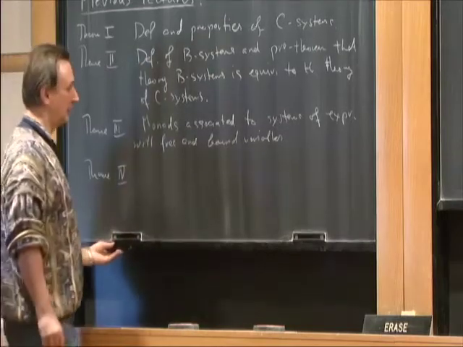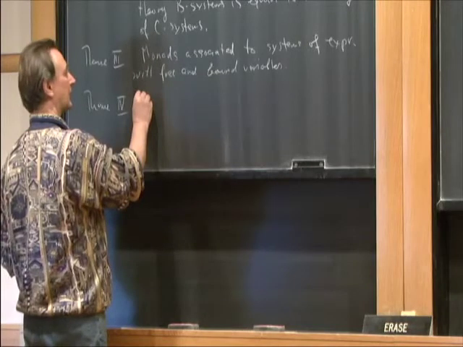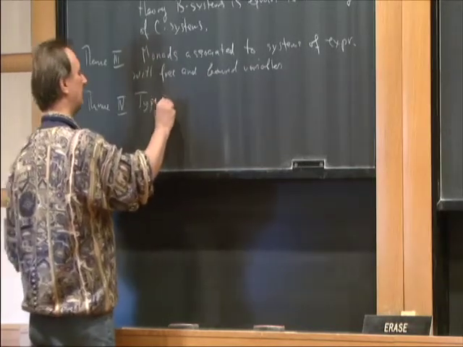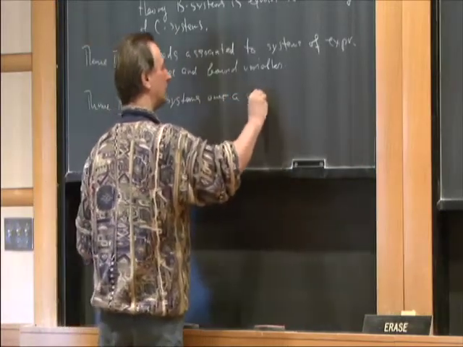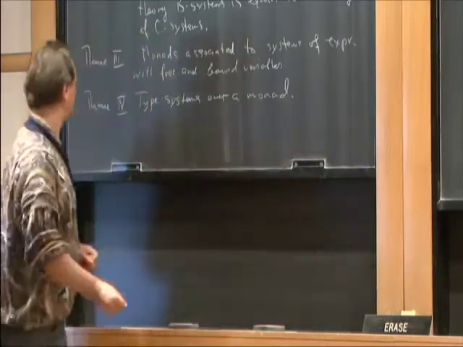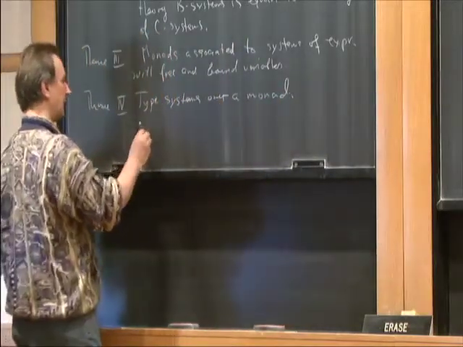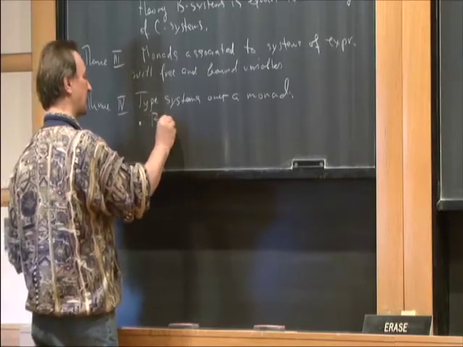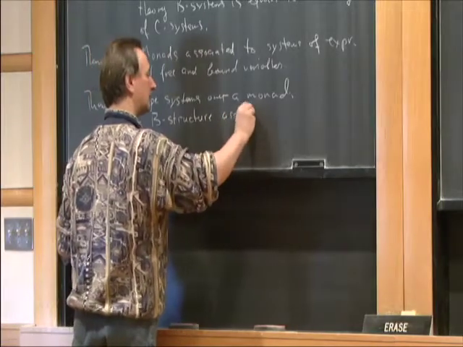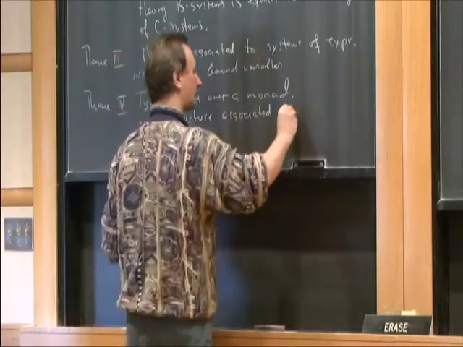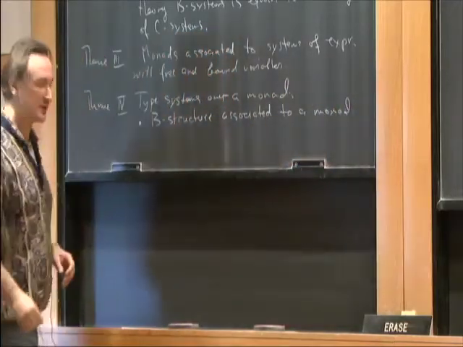So theme 2 was type systems over a monad. We discussed several things there. We discussed our B structure associated to a monad, to a finitary monad on sets, to be precise.